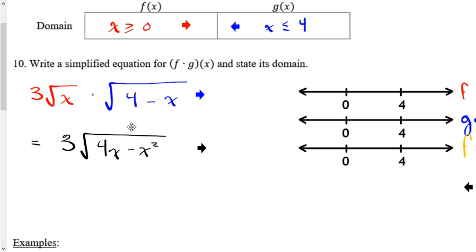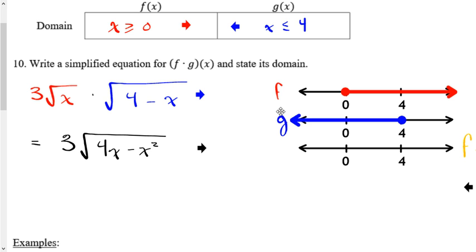Now let's think about the domain. So first of all, what I did here was I drew some number lines just to help us think it through. For the f of x function, my domain looked like this. It was from 0 to infinity, including the 0. My g of x function was from 4 to negative infinity, and it looked like that.